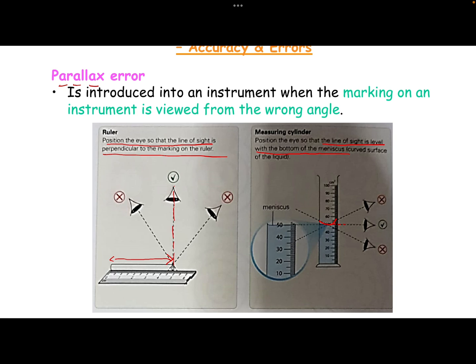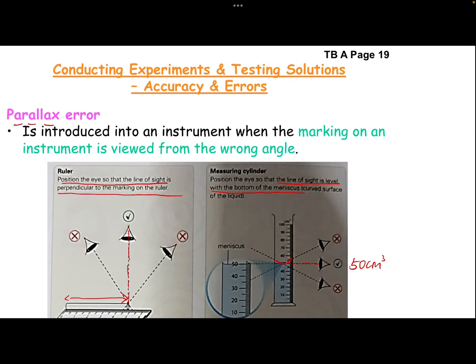You read to the bottom of the meniscus, then you read the correct volume. All right, so in this case, I think the volume is 50 cm cube. All right, so this is about parallax error. How can we prevent parallax error from occurring? Okay, then move on to the next page.